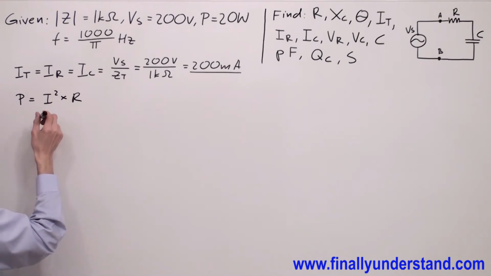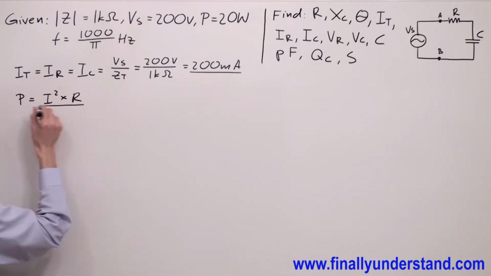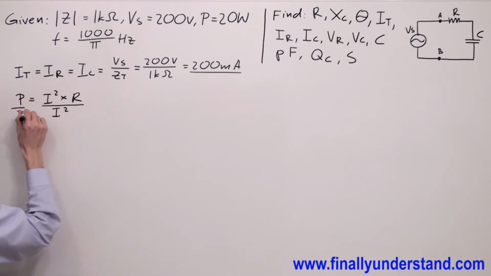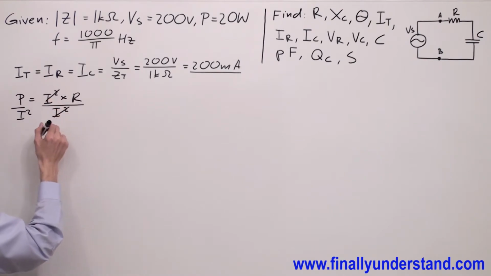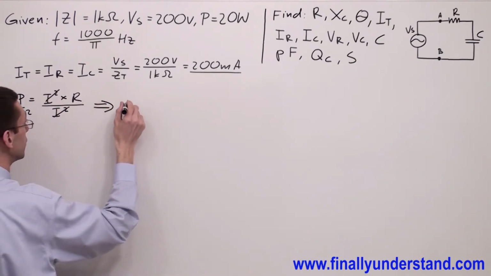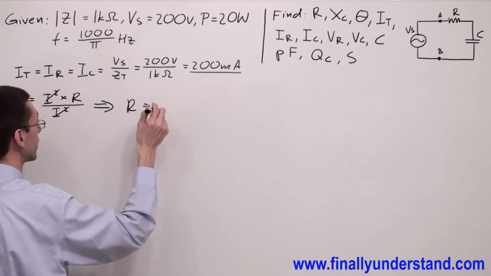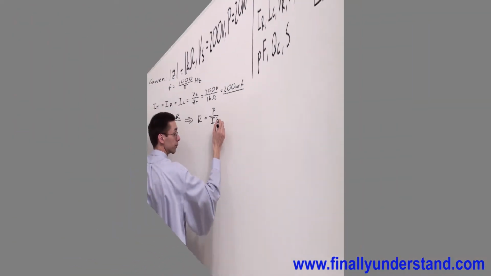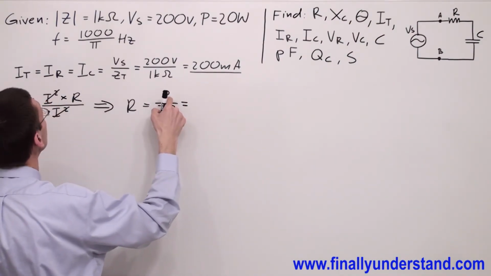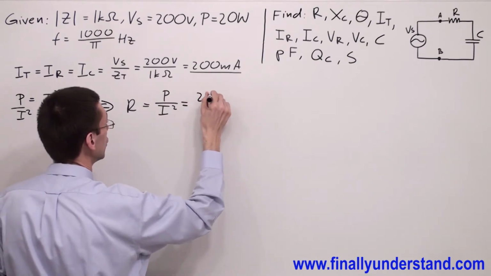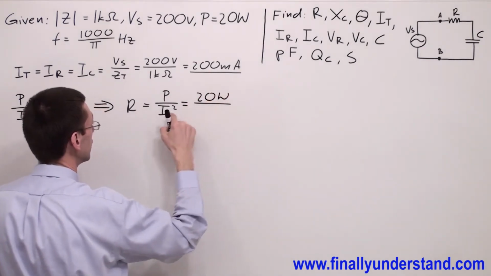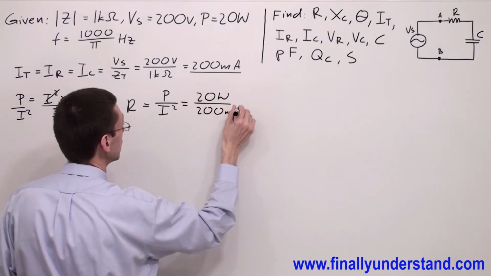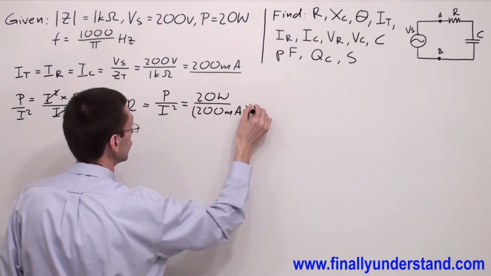In order to find resistance, I have to divide this formula on both sides by I squared. I squared and I squared will cancel out, and I'm going to end up with R equals power over I squared. This is equal to P, power equals 20 watts, over I squared, where I is equal to 200 milliamps to the second power.